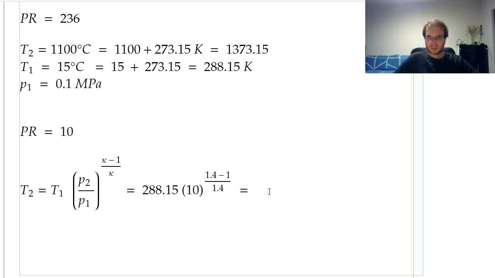So we will get the temperature after compression as 556.3306 kelvins.